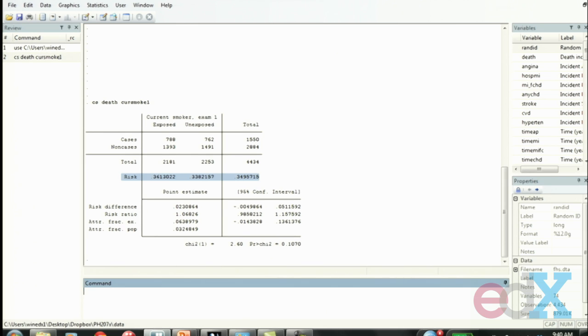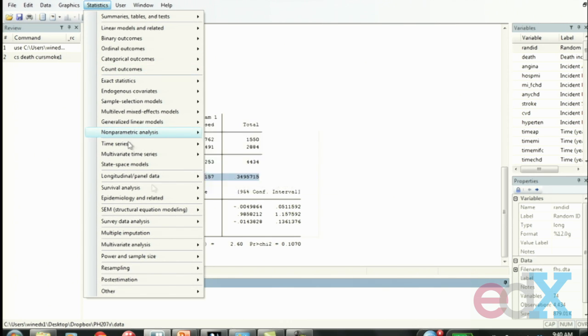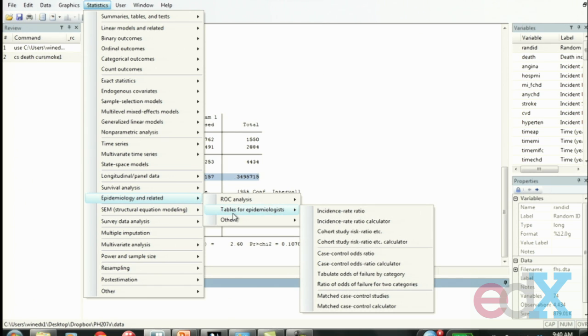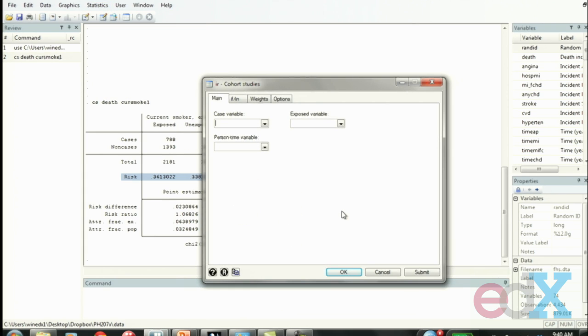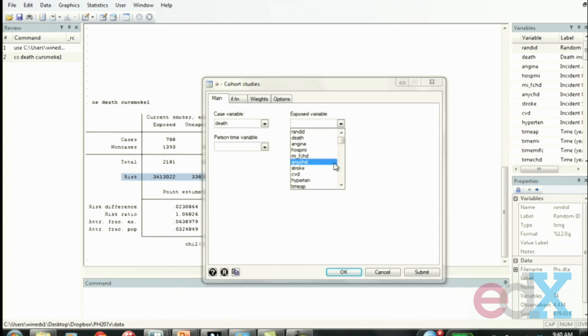So we're back in STATA now. We're going to go to similar tabs that we did before, go to Statistics, then down to Epidemiology and Related, over to Tables for Epidemiologists, and then go to the Incidence Rate Ratio, and just click on that, and a window should pop up. Again, it asks us for our case variable, which will be death again, and our exposed variable, which again will be current smoking at baseline.